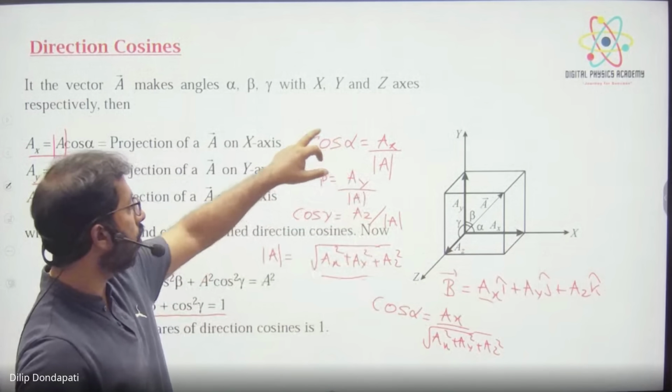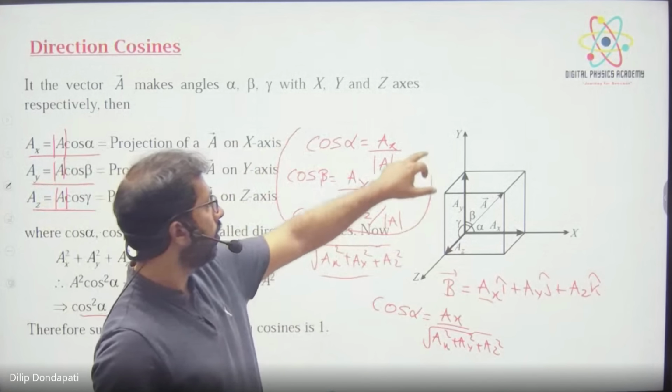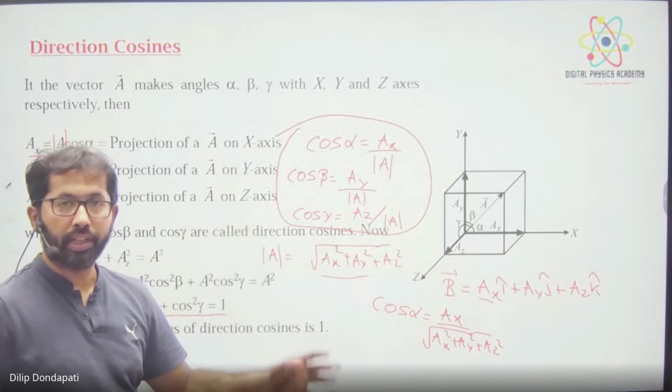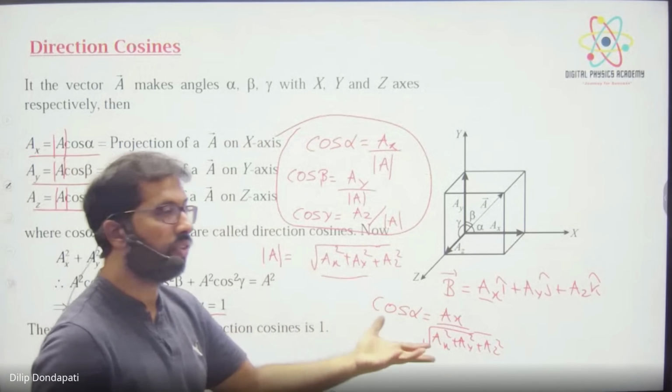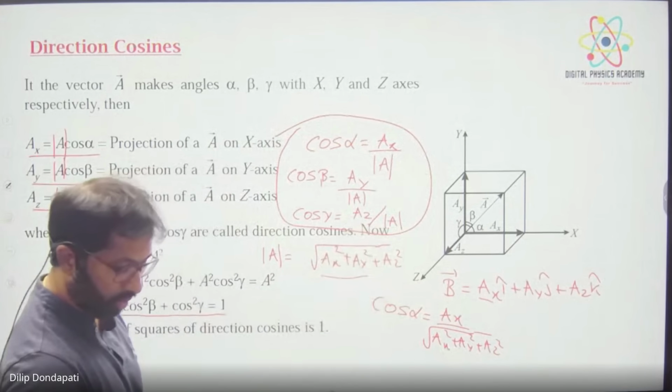So this one you copy down, write it beside it. They'll give a vector and tell you to find the direction cosines. You know direction cosine is cos alpha, cos beta, cos gamma, and the formula is this one.